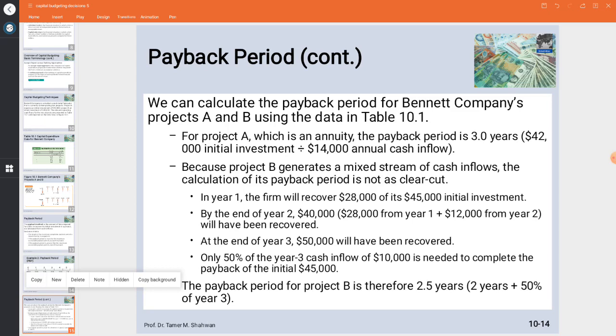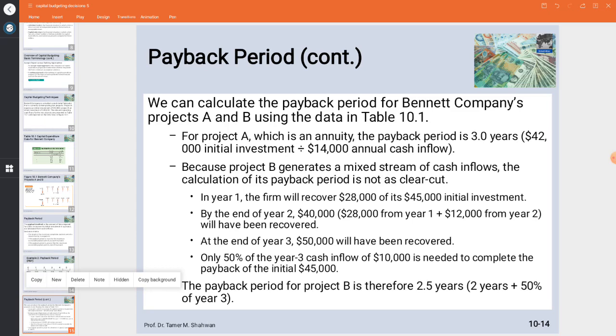To determine exactly this period of time, we take the difference, which is 5,000, and divide it by the cash flow of the third year. Since the cash inflow of the third year is 10,000, we divide the difference, 5,000, by the cash inflow of 10,000 in the third year, and this means half.